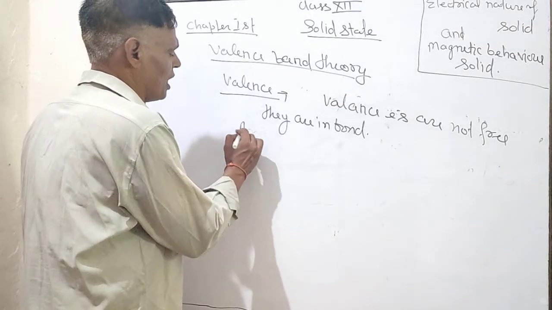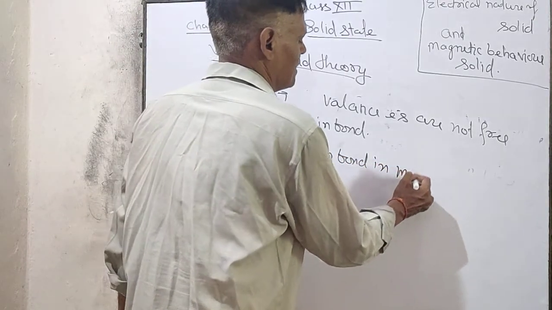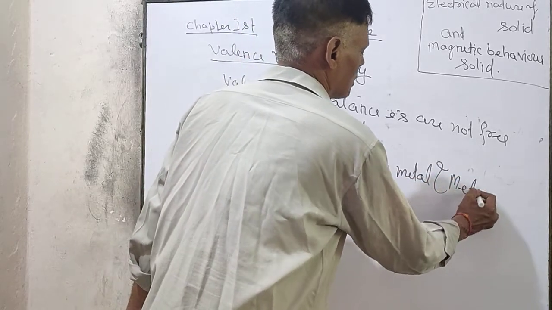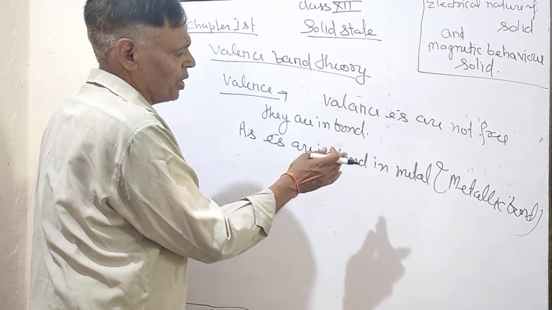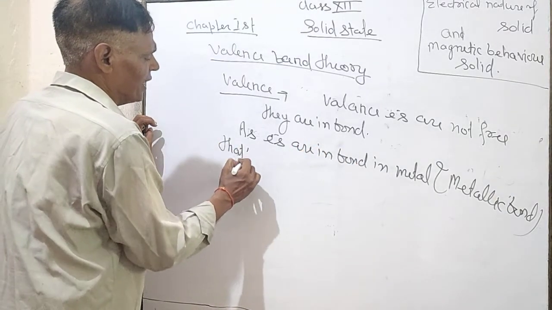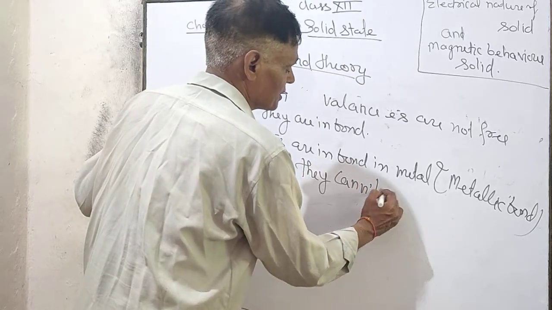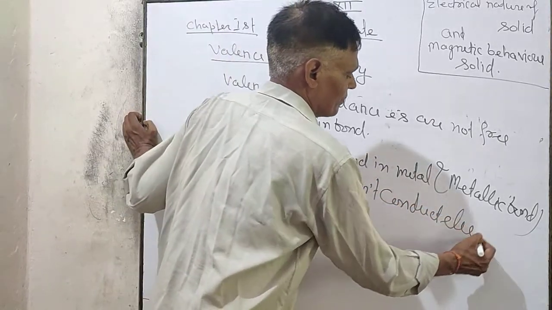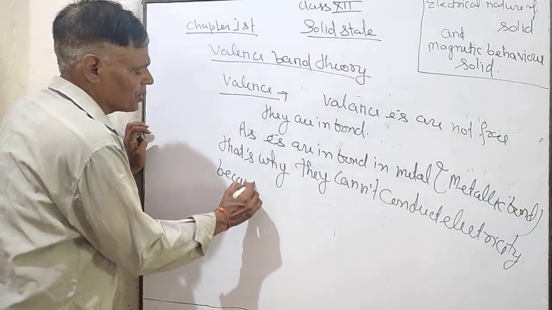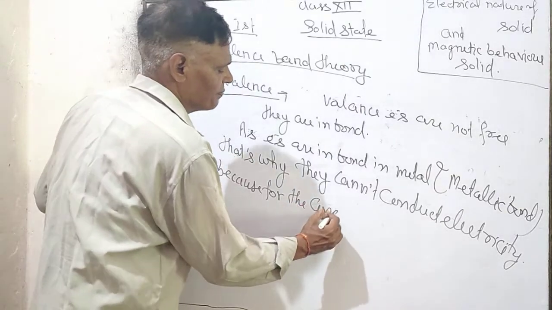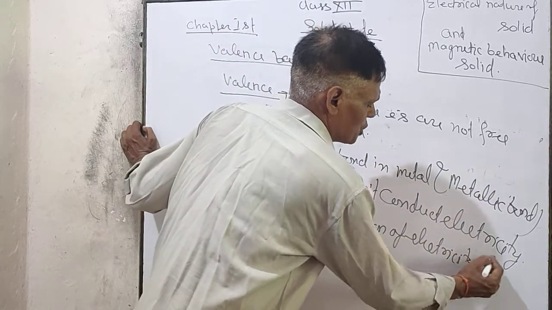As electrons are in bond in metal, which we call metallic bond, they can't conduct electricity, because for the conduction of electricity, free electrons are required.